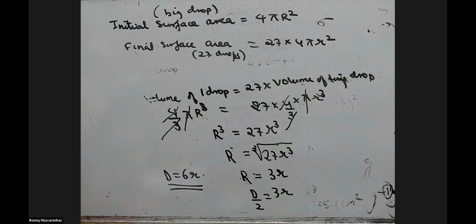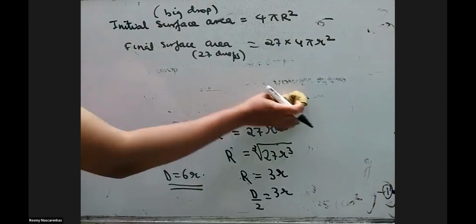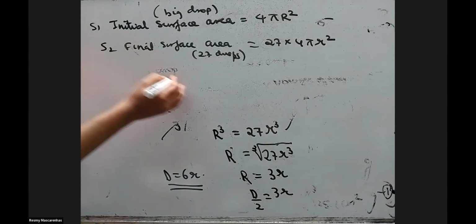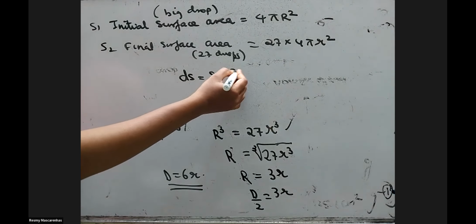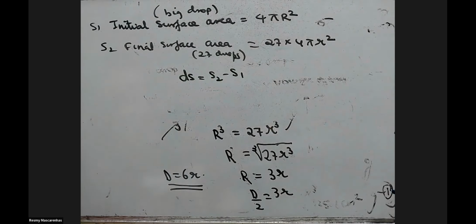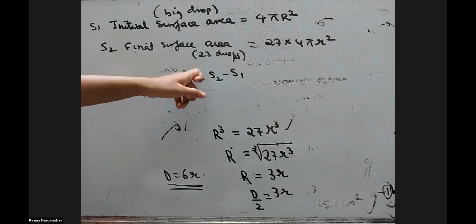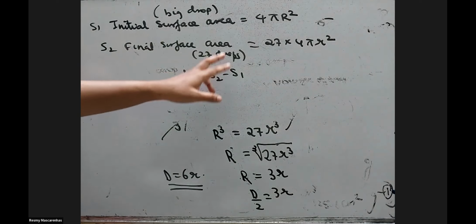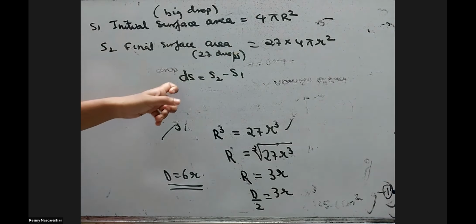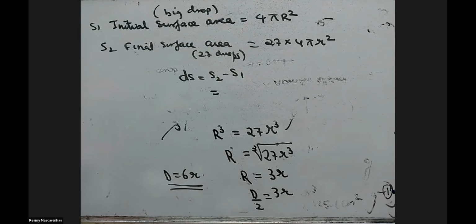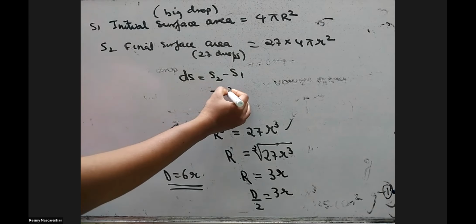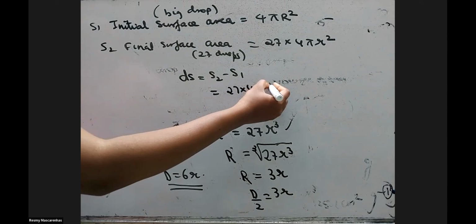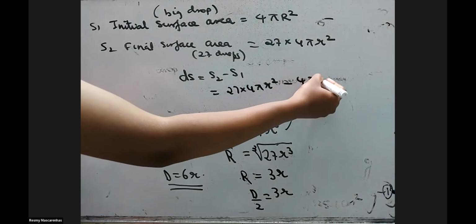What is the change in the surface area? We can do S1 minus S2 also, no problem, because the change in area cannot go negative. We usually take whichever turns out positive, the higher minus the smaller. That will be 27 into 4 pi r square minus 4 pi r square.